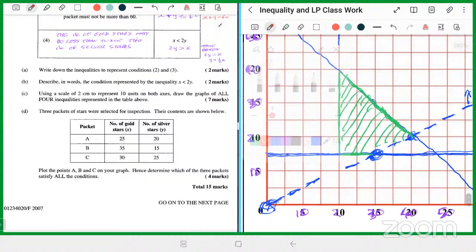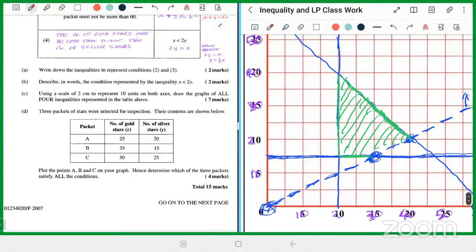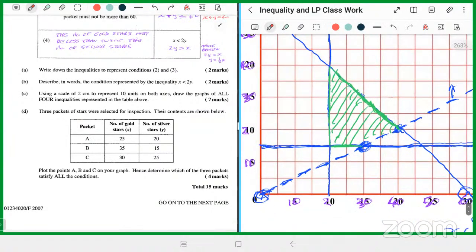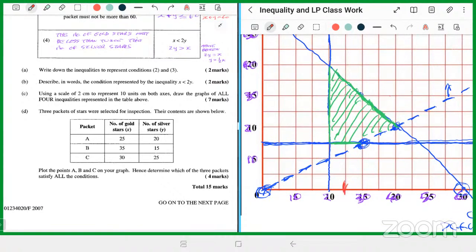That's point A. All right, let's find it now. 25 is right here. 20 is right here. So we're talking about this point. 25, 20 is right where those two coordinates meet right here. That's the point A. A is a good point. It's in the region. So we can tick A. A satisfies the conditions. A is inside the region.